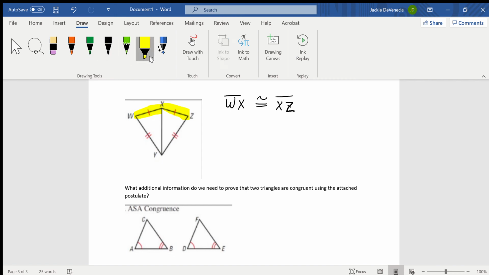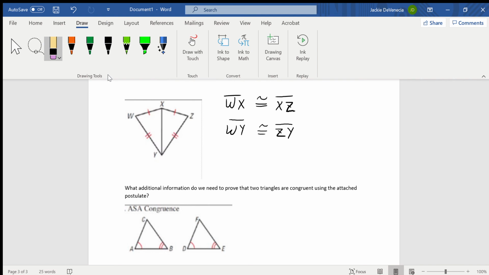And then next we have WY is congruent with ZY. WY matches ZY. Okay? And now let's look right over here.